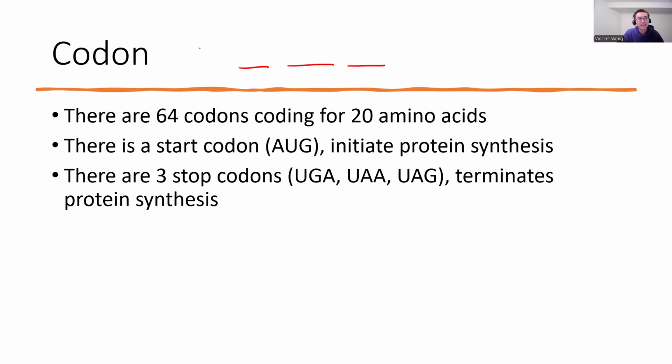Well, it could be A, C, G, or U, right? So 4 choices. The next blank is also 4 choices, A, C, G, U, and the third also 4 choices, which means in total it's 4 times 4 times 4. That's 64 different codons. So the 64 codons are all listed on the codon chart.